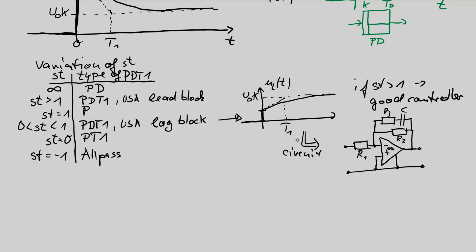So this is the case where 0 is smaller than step depth is smaller than 1. So if we need a circuit where we have step depth values smaller than 1, we have to change the circuit to this situation. Okay, next video, some words on the Bode plot and some words on the application possibilities of a PDT1.